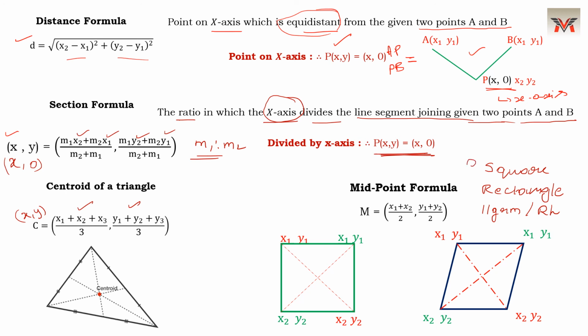Out of these 4, if you get any of the shapes, and if they ask you to find the coordinate of any one vertex, it is very easy by using the midpoint formula, where you will get x comma y, and the midpoint is same for both the diagonals. So you apply midpoint formula to both the diagonals and equate it so that you will get the answer.